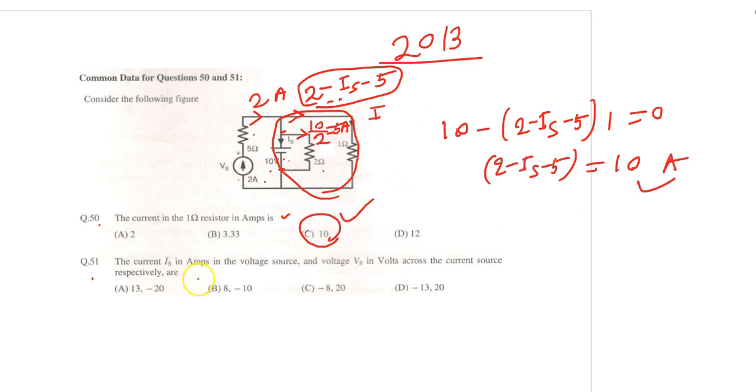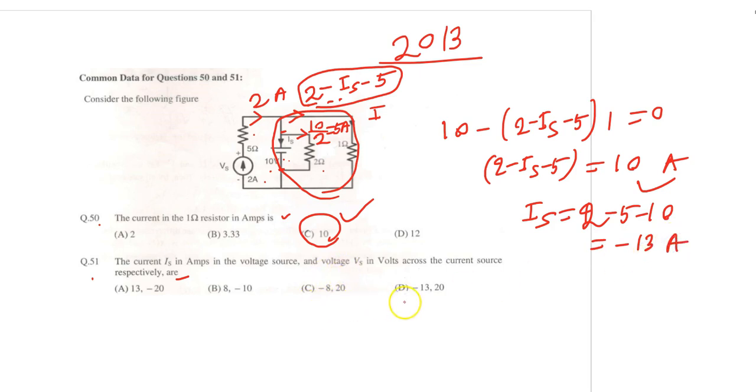The current Is in ampere in the voltage source and the voltage Vs in volt across the current source, respectively. From here you can easily find Is. Is is equal to 2 minus 5 minus 10, that is minus 13 ampere.